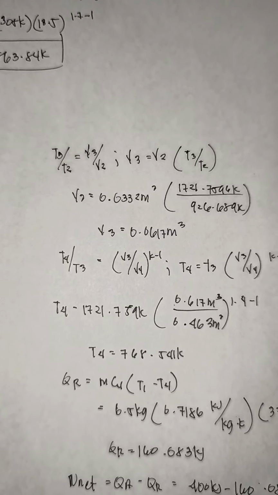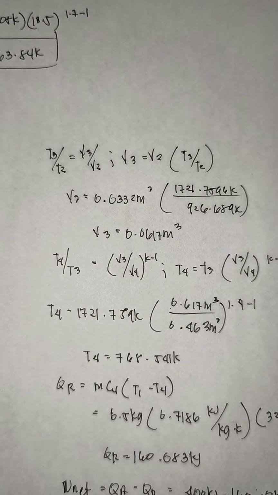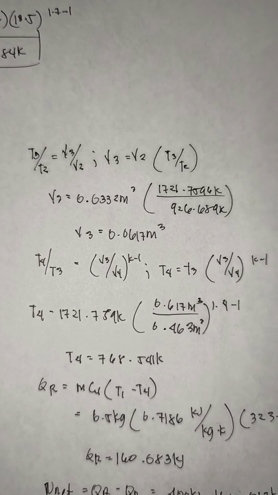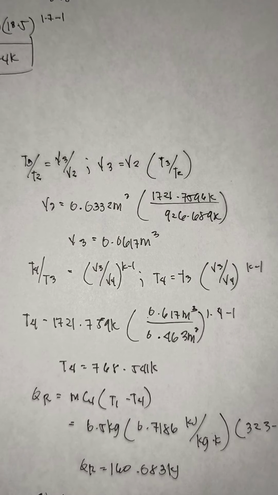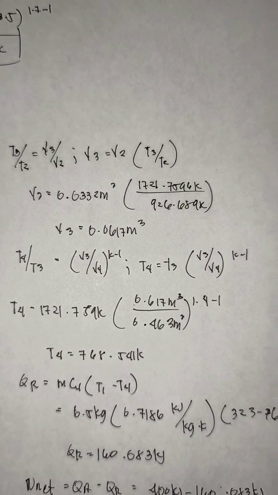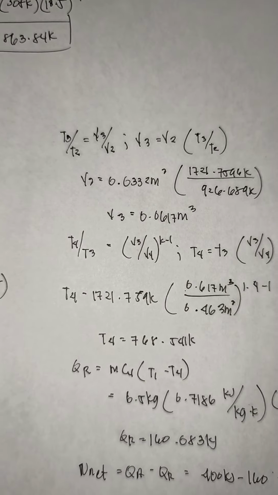Then T4 over T3 equals V3 over V4 raised to K minus 1. Then T4 equals T3 multiplied by V3 over V4 raised to K minus 1.